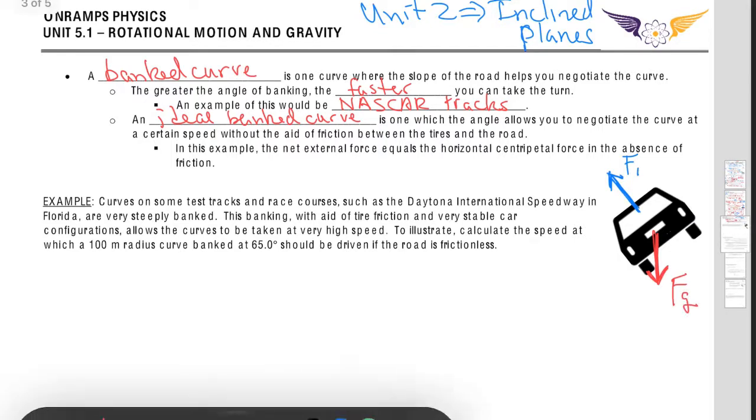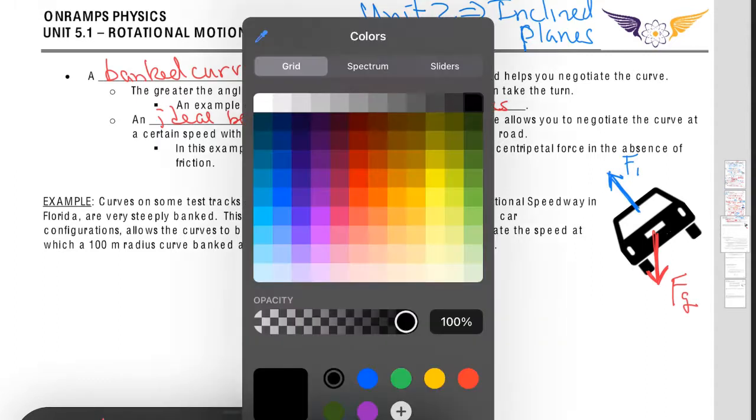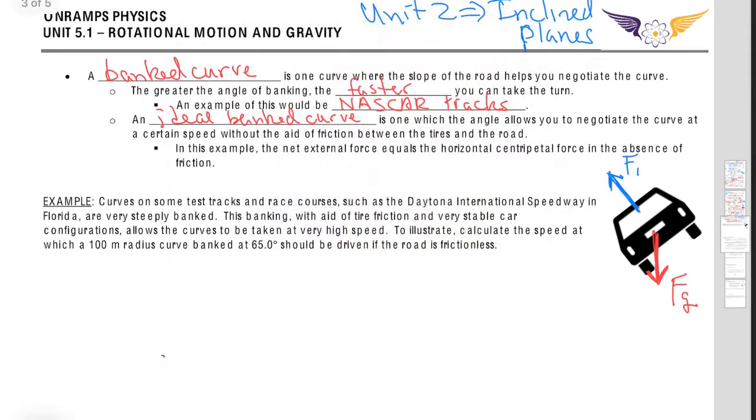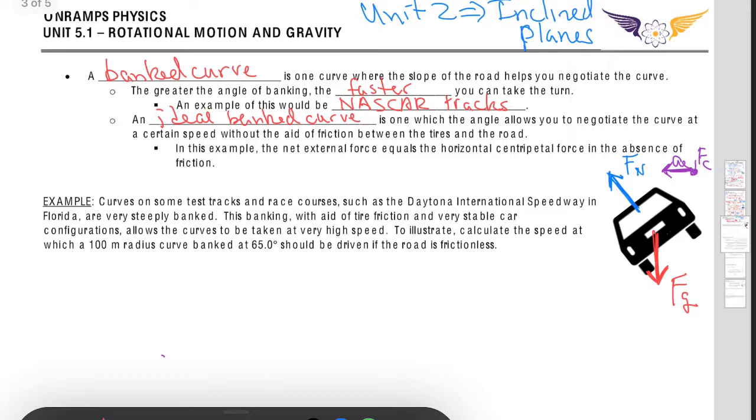But here's the trick to this problem. The centripetal force and acceleration is actually horizontal. So Ac and Fc are actually horizontal, so it's into the circle. And so what you think about is, what is the force that is actually creating this circular motion?